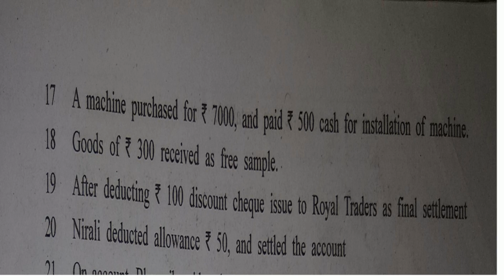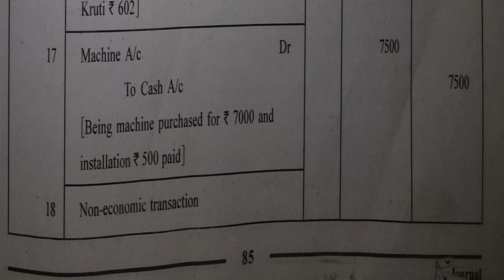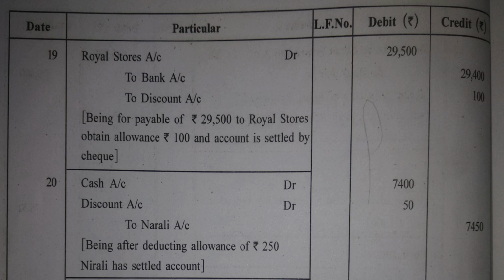Next, after deducting rupees 100 discount, check issued to Royal Traders as final settlement. Check is issued to Royal Traders. Who is receiver? Royal Traders, of course. Royal Stores account debit 29,500. Check is given to bank account 29,400 after deducting discount of rupees 100.